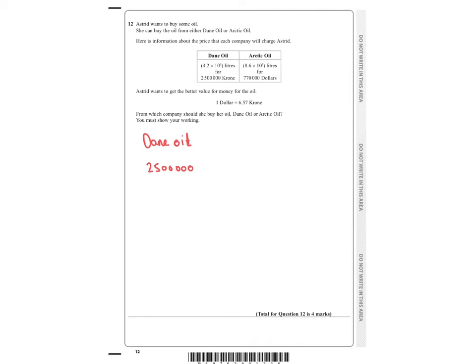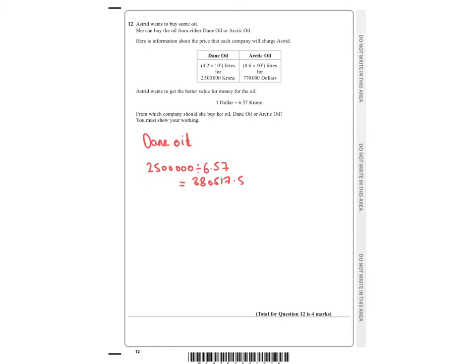So to find out what dollar is, I'm going to divide that by 6.57. So if I divide that by 6.57, I'm going to get 380,517.5. Okay, so this is dollars.